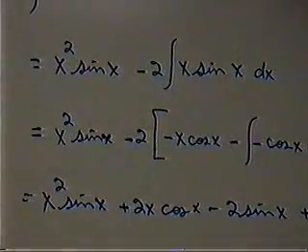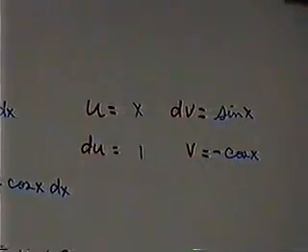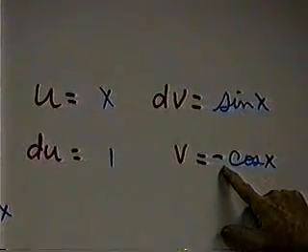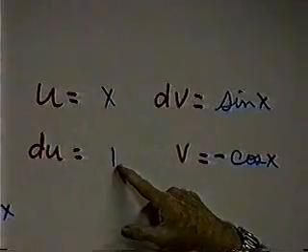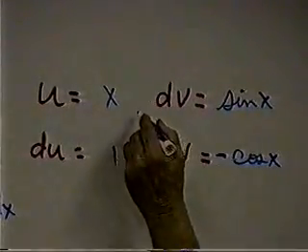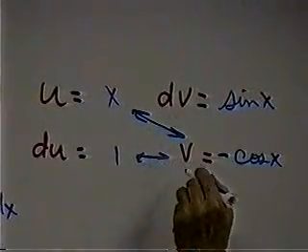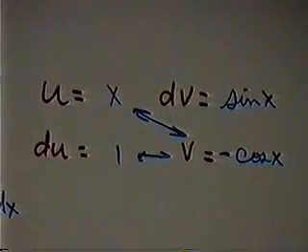So we'll go over, and x will be the u, and dv will be the sine, and the integration of that is a minus cosine. The derivative of this is 1. So what we have then is x times a minus cosine minus the integration of this times that. So let's go look at the problem and see about that.